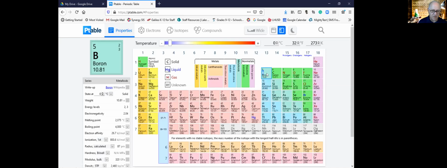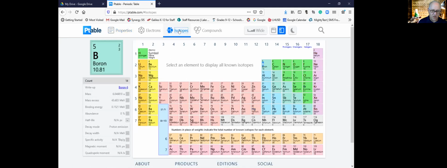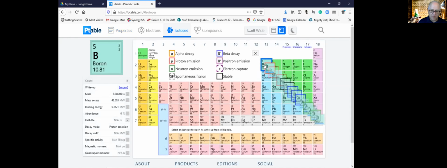It's not opening up. Let's look at the isotopes of boron. If I click on boron, it should open up all the different isotopes of boron. And you can see that there's almost 19 different isotopes of boron.